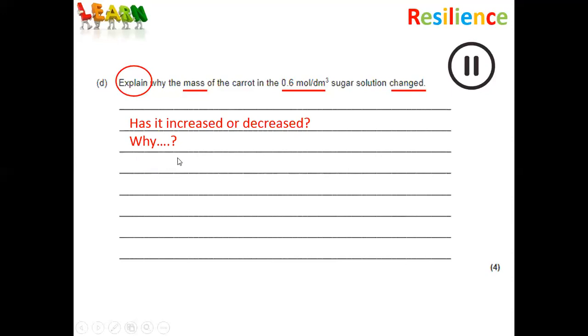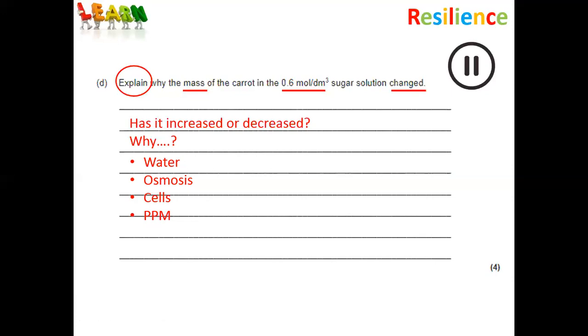Then you're giving the why. So you're thinking about these things. You need to say that it's water that's moving. You need to say how that water is moving, which process, so name the process. And you need to talk about cells. So it's water going into cells or out of cells. It's not going into the potato. And make sure you mention, just to round it off, the partially permeable membrane.